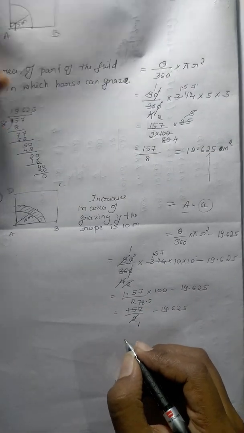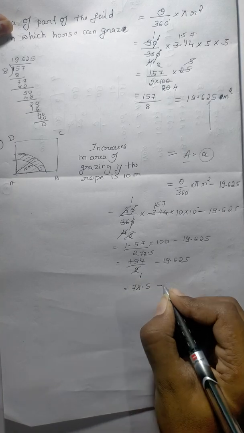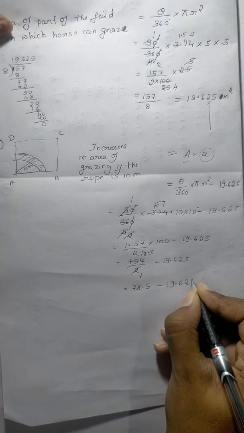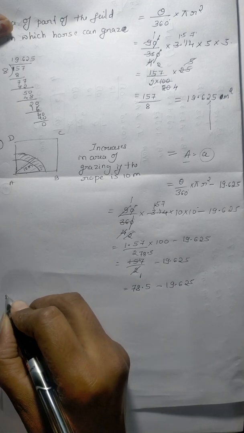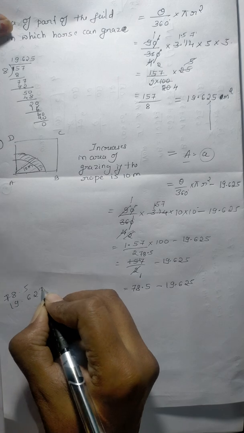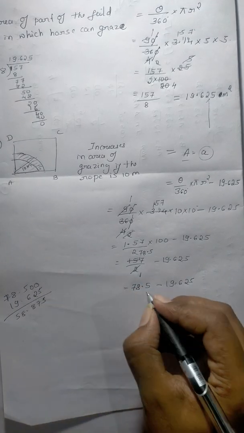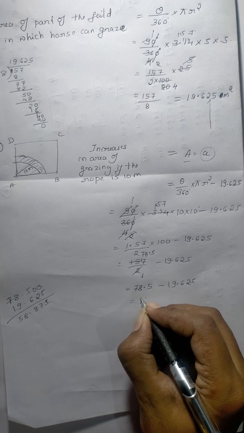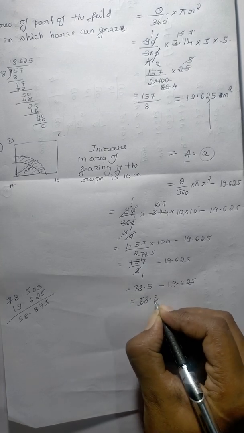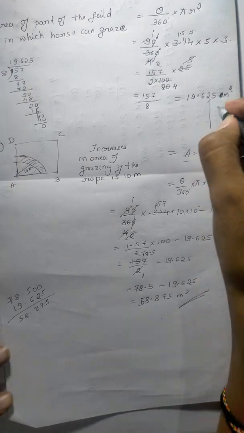So I got 78.5 minus 19.625. So subtract. So 78.5 minus 19.625 gives 58.875 meter square. This will be the second answer. This will be the first answer.